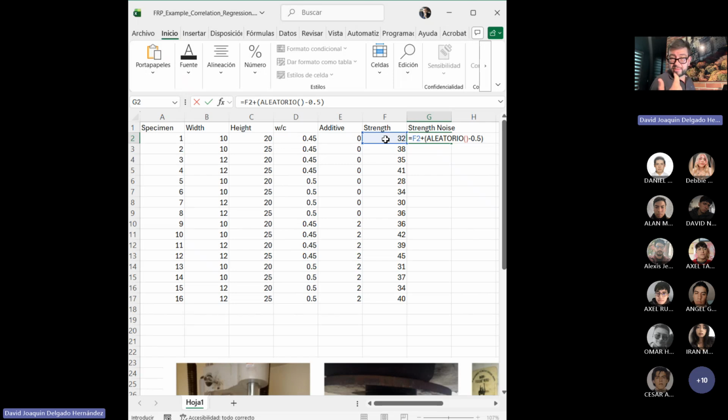If you subtract 0.5, the value is going to be minus 0.5. So that is how we are going to have this variation, okay? And let us use a standard deviation of 4. Let's put times 4, okay?